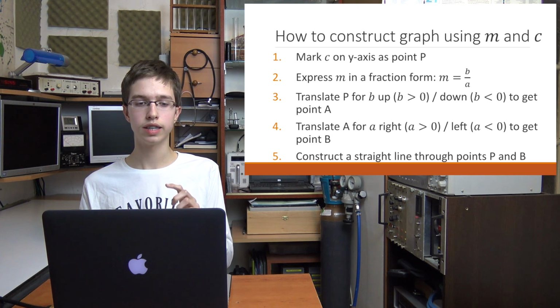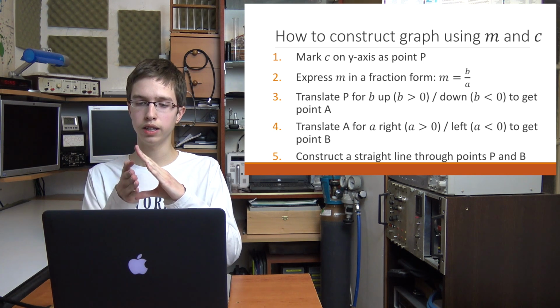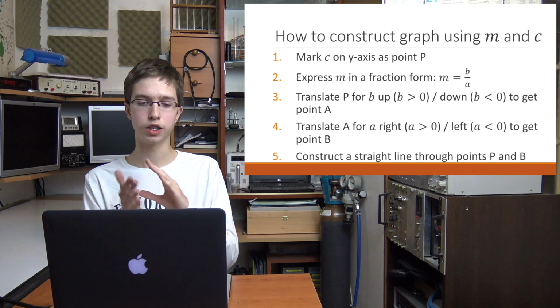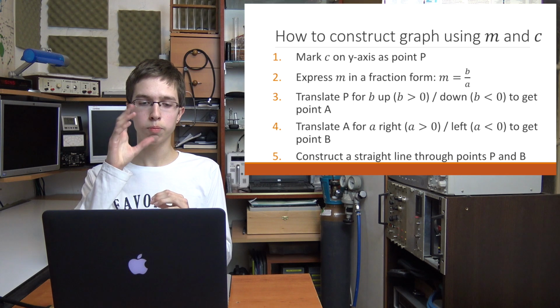How to construct a graph using slope and y-intercept? First we have to mark c on the y-axis as point P. Now express m, the slope of the straight line, in fraction form, b divided by a. If we have a right angle triangle, here is b divided by a, which is m. Now translate this point by b up or down.